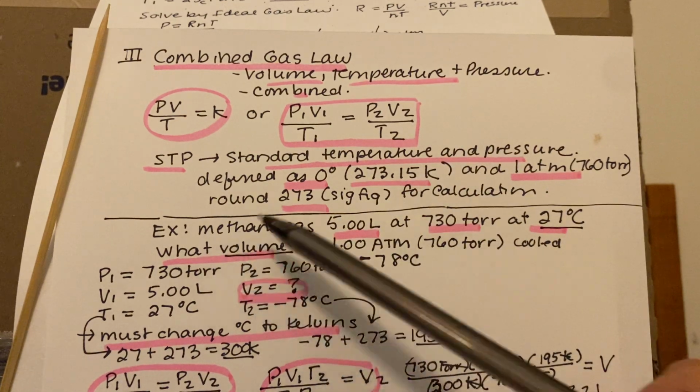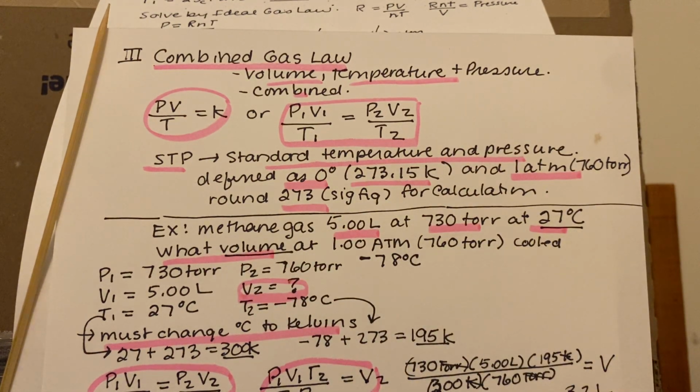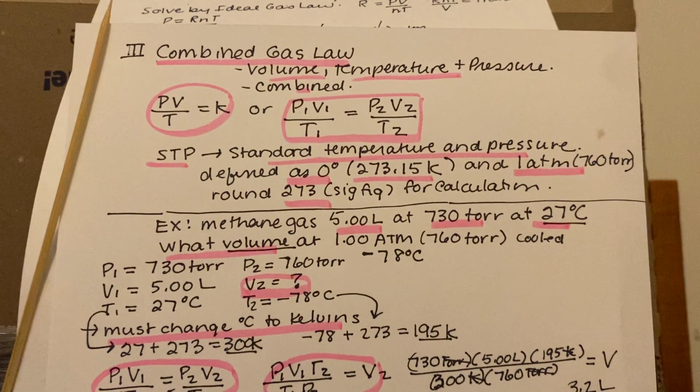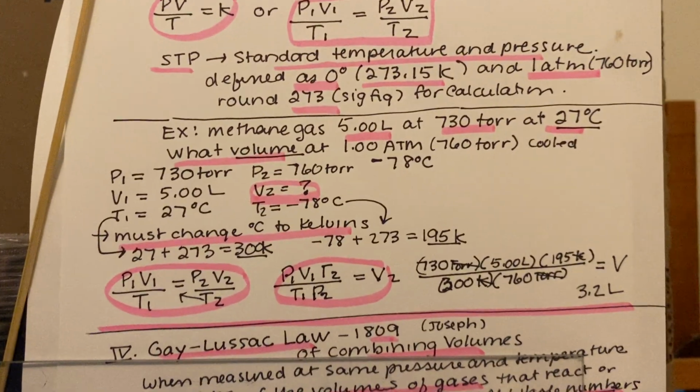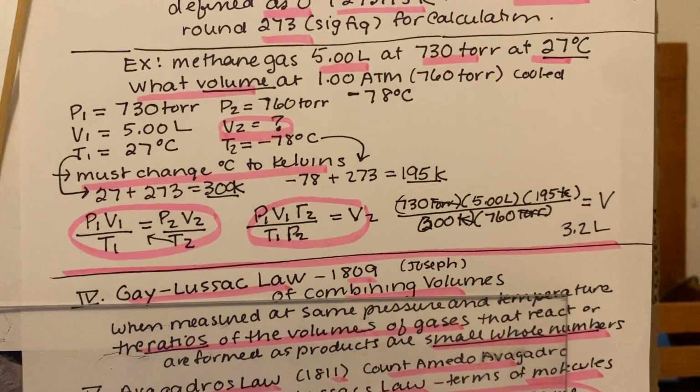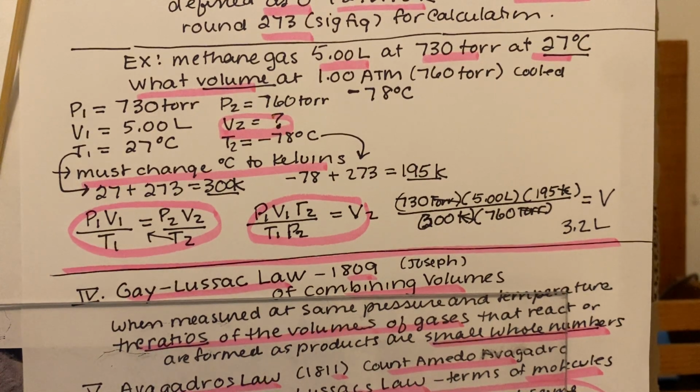Now we're going to have this problem with methane gas. Let's put it down here so you can see it better. The problem says a sample of methane gas occupies 5.00 liters at 730 torr and 27 degrees centigrade.